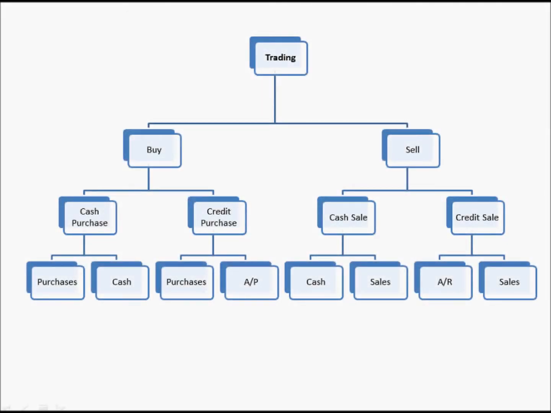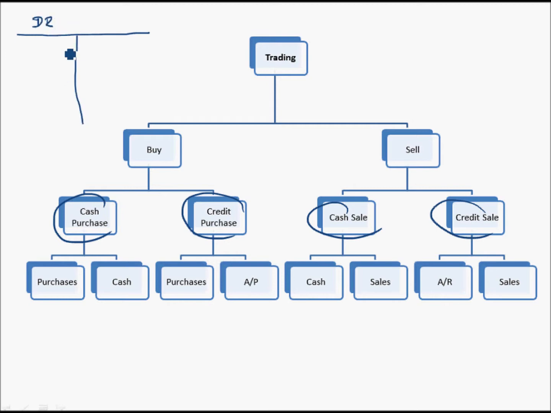Okay, so now let me demonstrate to you how the different types of financial transactions, and we've got here 4 examples of the very simple financial transactions, how do they impact on the individual accounts, the relevant accounts that they will be recorded in. So a little refresher first. We know that each account has 2 sides.